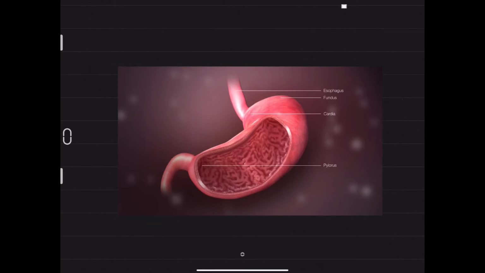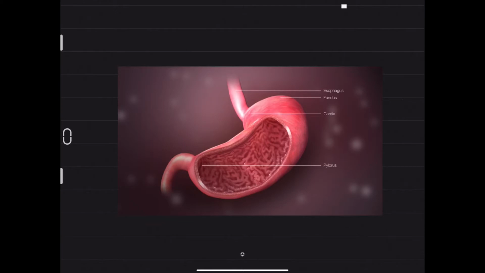As you can see here, the stomach is not just a single layer. It has many folds, it has many substructures as well. And one of the important substructures is where the mucus is secreted from the stomach lining to prevent the hydrochloric acid, which is made in the stomach, from eating away at the stomach lining.